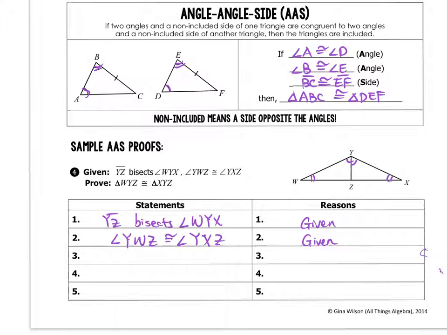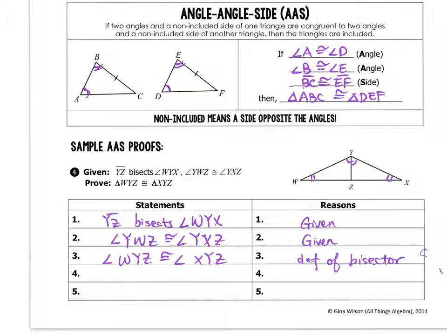So YZ bisects that big angle, so from that we can draw the conclusion that angle WYZ should be congruent with XYZ. And that's the definition of angle bisector.